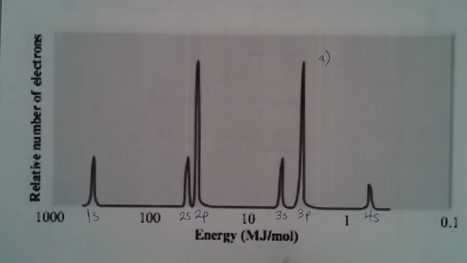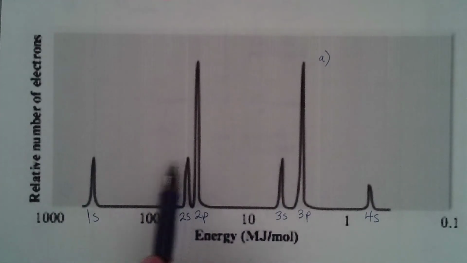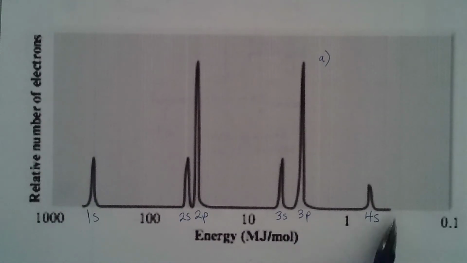It's pretty safe to assume that for these photoelectron spectra, the orbitals on the left side of the graph are full. You can confirm that by looking at each of the different types of orbitals. I have a 1s orbital, 2s orbital, 3s orbital. They're all the same height, right? Not this one, I'll talk about that in just a minute.